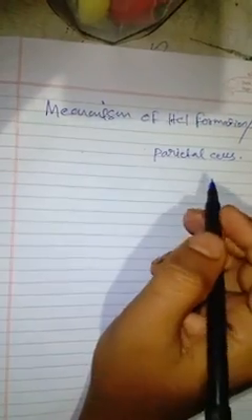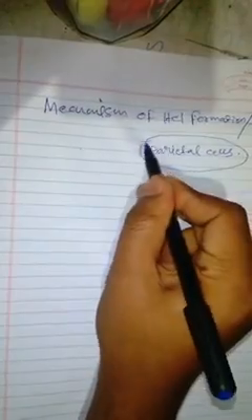Well, how is HCl formed in the stomach? First of all, we know that parietal cells are present in the stomach. The acid is secreted by these cells. The parietal cells have an abundant number of carbonic anhydrase.